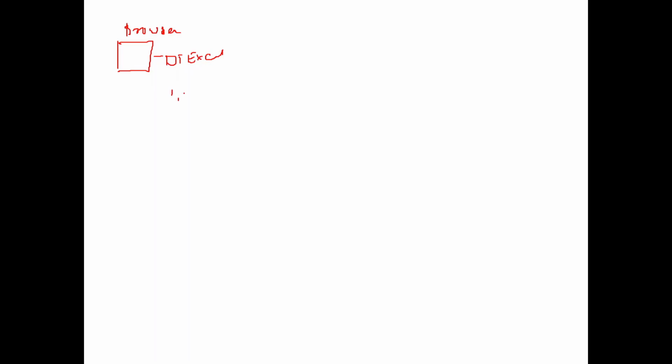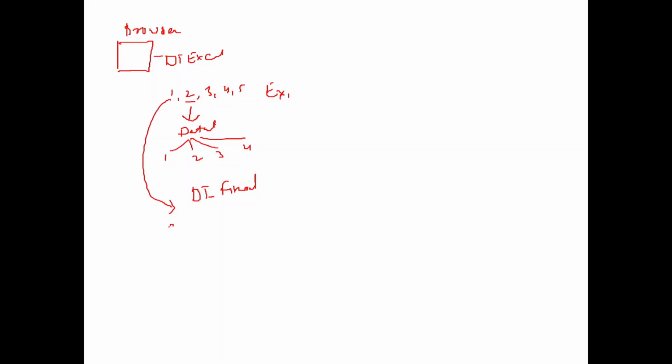From this extracted result we have, suppose, 1 2 3 4 5 columns. The second column contains the detail, and we separate this detail into 4 parts. Now our final table is dt underscore final. In the final table, the first column comes from our extracted data table, meaning serial number.